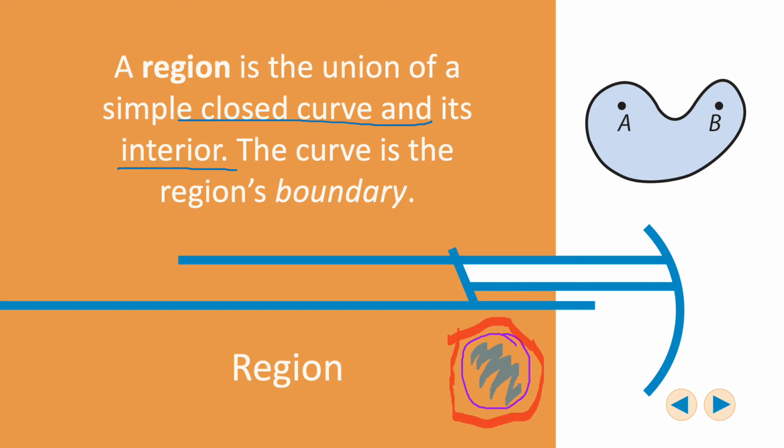And again, this isn't something we haven't heard of before. Think of property lines of houses. A house includes the walls, that boundary, and the inside of the house. You'd call the whole thing your house. So that's your region.